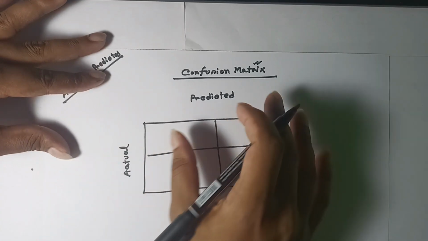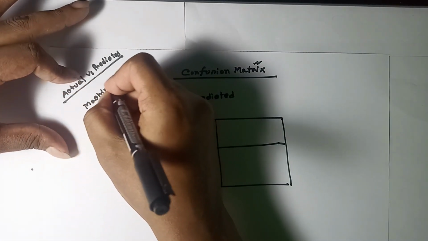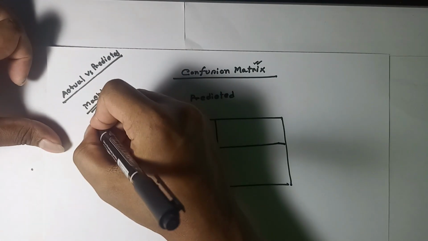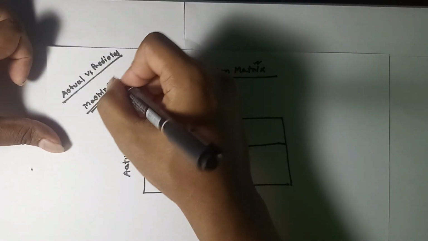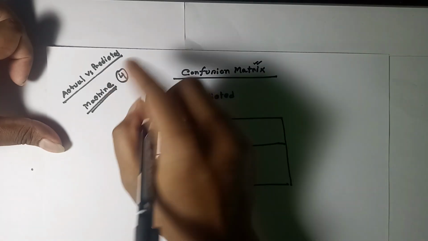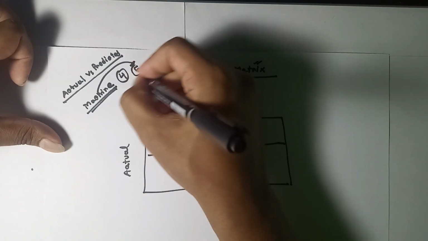Okay, first understand. Suppose there is a machine who can predict things. Say for example, you liked my video or you rated my video as 4. In reality, it's 4, but this machine predicts it 5.